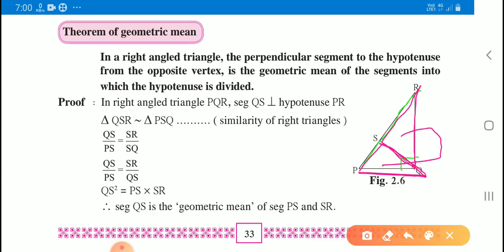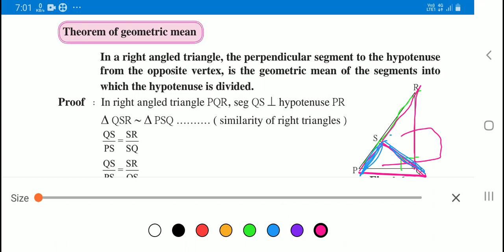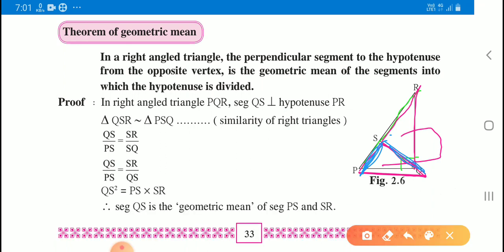Here QS, this middle side, upon PS, this side, is equal to SR, this side, upon SQ, this side. The side we did not consider is where the right angle is; consider the remaining sides.